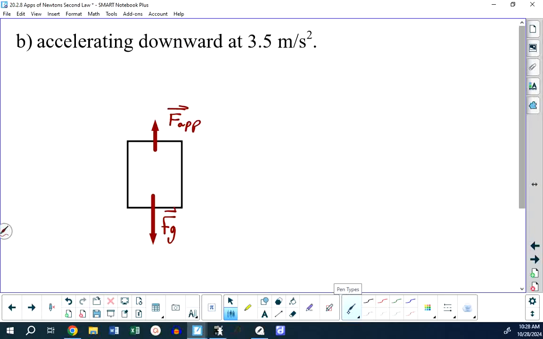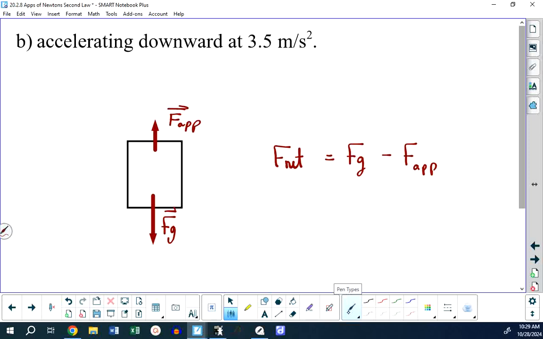And that means the net force, which is the sum, I don't think I've actually said this today because I think it's obvious, so maybe I shouldn't think that for everybody. The net force is the sum of all the forces. That's what net means. So you have to add these forces together by looking at your diagram, and it is going to be the magnitude of the force of gravity minus the magnitude of the applied force.